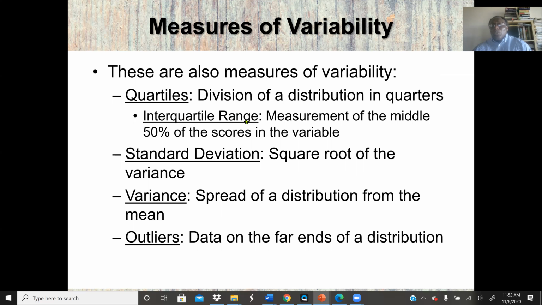If we know the interquartile range, we can find the value of the outlier. The next is the standard deviation, which is the square root of the variance, also used to measure variability. Variance, which is the spread of the distribution from the mean, is also used. Then outliers are the data at the far ends of the distribution, either very small or very big.